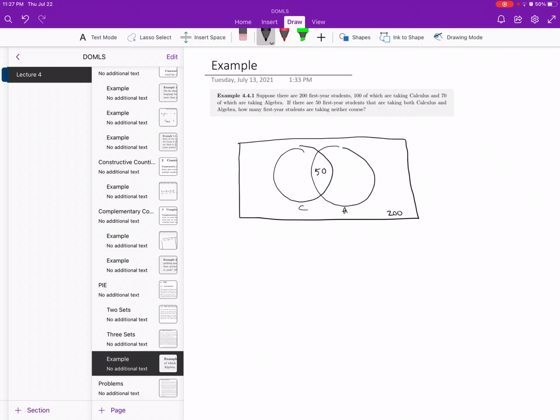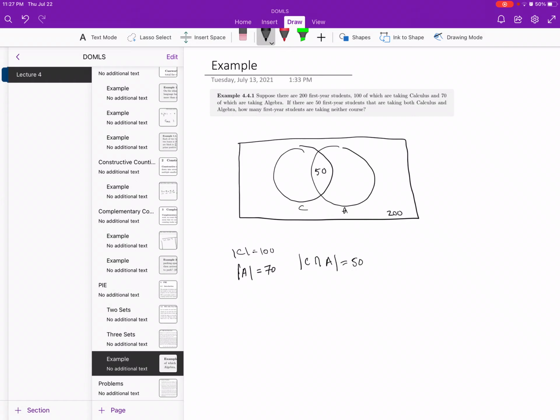Now, how many are taking neither? Well, that's a good question, so let's see. We know that 100 are taking calculus, so the magnitude of C is 100. And 70 are taking algebra, so the magnitude of A is 70. Now, we know that the magnitude of C intersect A is 50.